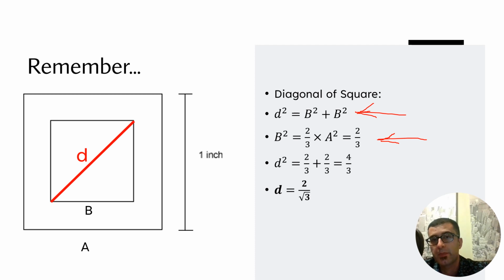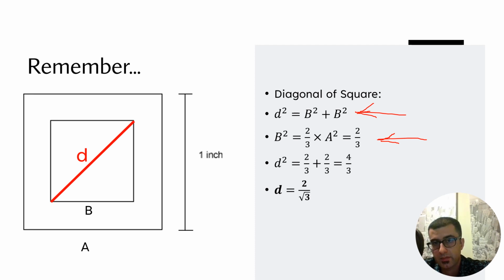2/3 of a squared is equal to b squared, and a is 1, so 2/3 of 1 is going to be 2/3.